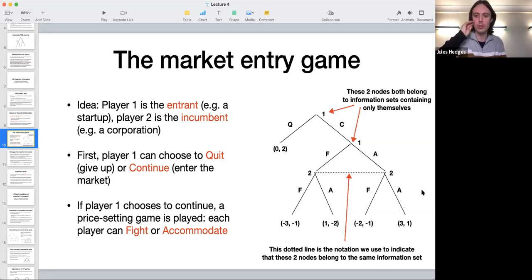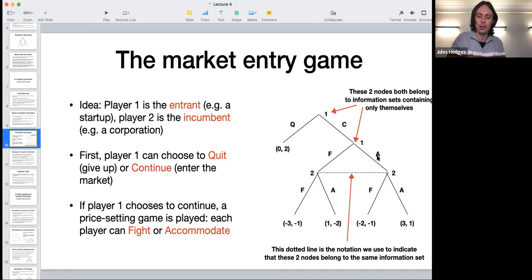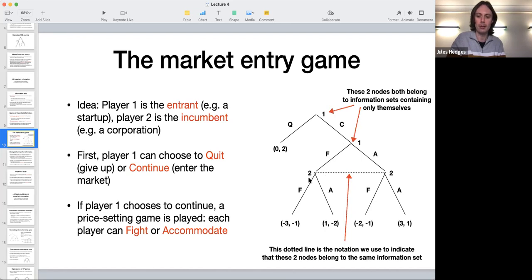But we need to restrict which of those strategies for player 2 are allowed, because we want to insist that they do the same thing in both of these states, because they don't know which one they're in. So out of those 4, we only get 2 that are valid, namely fight in both states or accommodate in both states. So player 2, the incumbent in this game, only has 2 pure strategies.